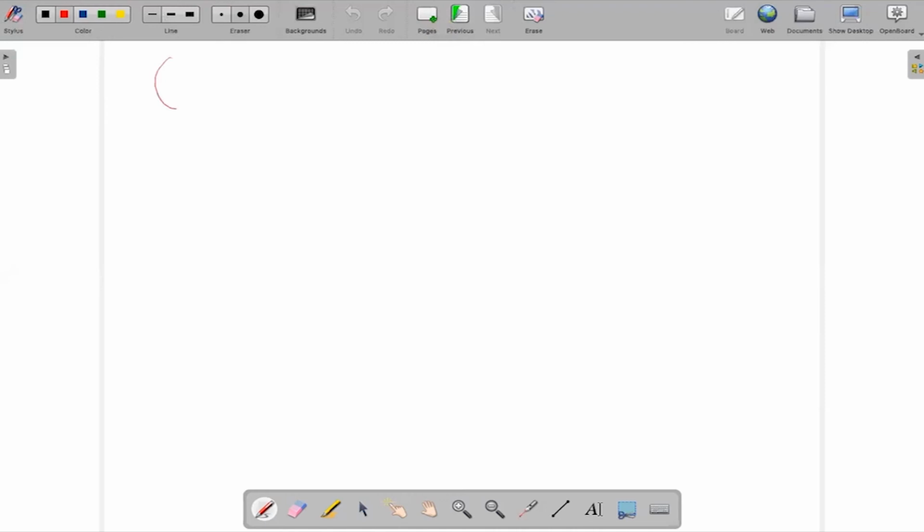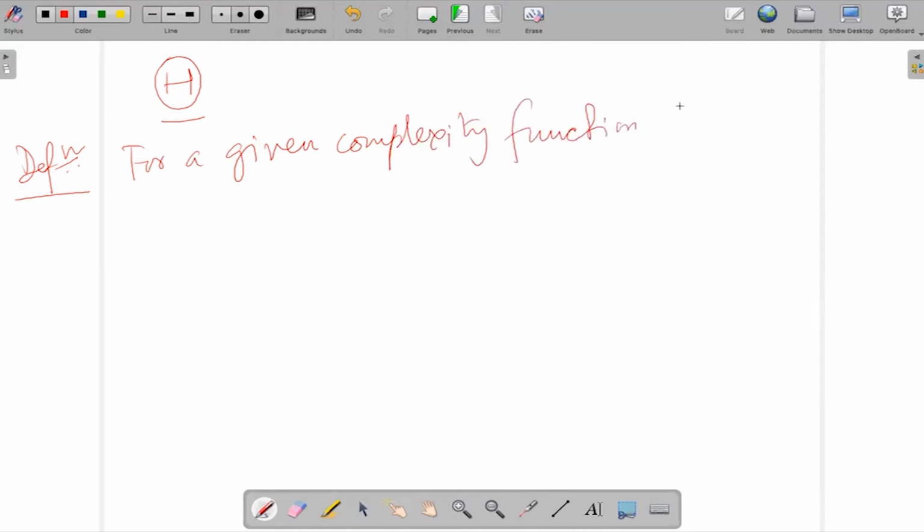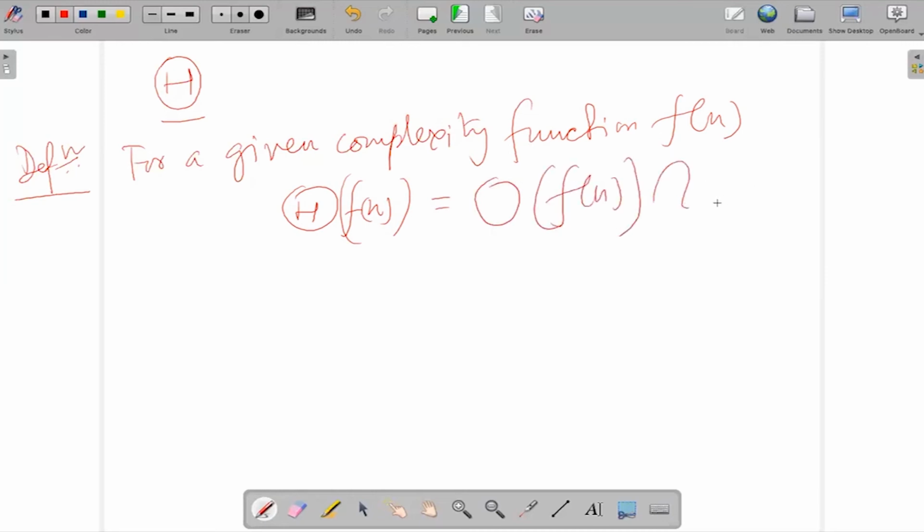Finally, we are in a position to formally define theta. Okay. So for a given complexity function, Fn, theta of Fn is equal to big O of Fn intersection omega of Fn.